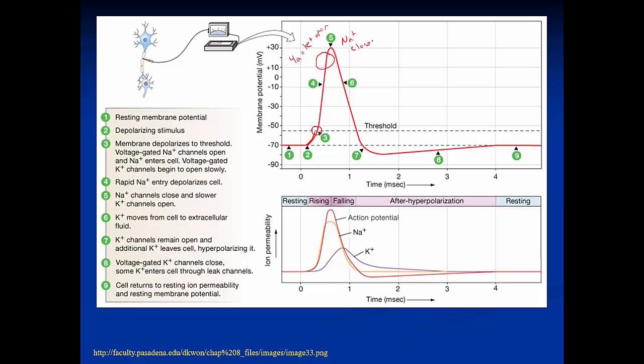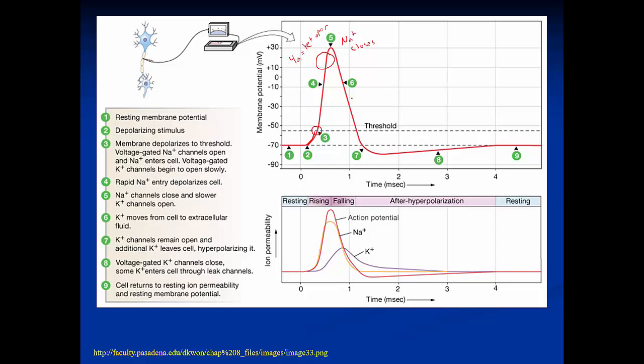closes. Here I want you to understand a little more detail than they have in this diagram. Somewhere along here, the potassium channels open. So there's a short period of time where both the sodium channels and the potassium channels are open, but my membrane potential continues to get more positive. The sodium channels close here.